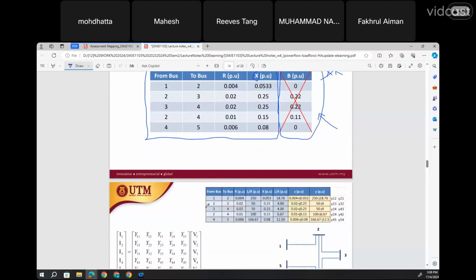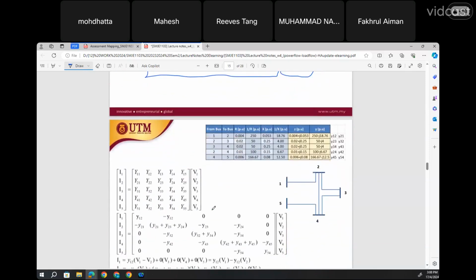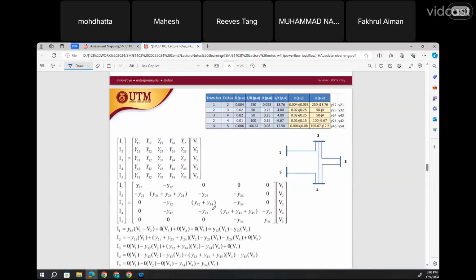How to solve it? I think I'm doing it the long way, the harder way. Actually, there is another strategy that you can use. Here, if you see, I add another column, which is the 1 over R value and 1 over X value. When we combine these two, it will give me the admittance per unit.